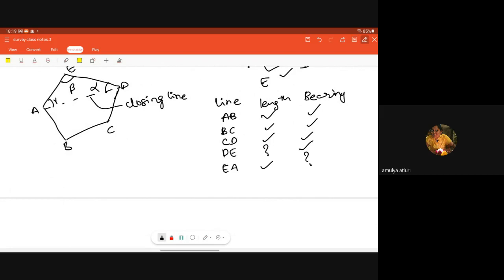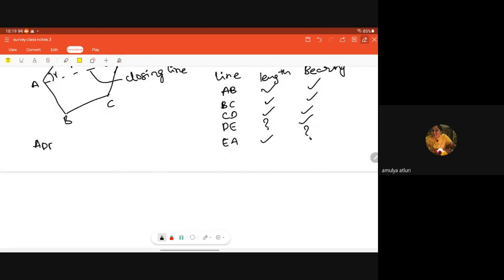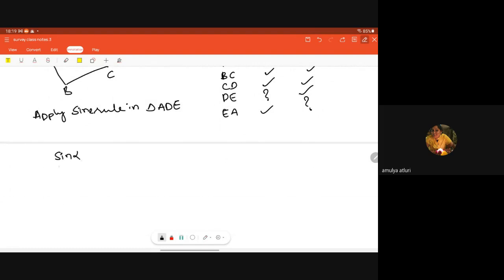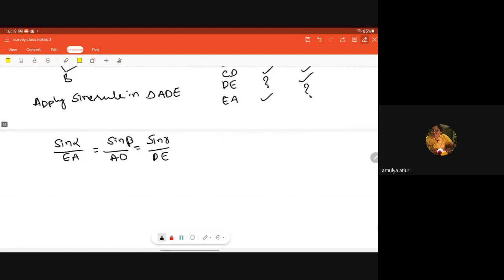So generally what we do is, we just apply the sine rule in triangle ADE. What is sine rule? You know it, right? Sine alpha by EA, here in the triangle ADE, sine beta by AD, angle included, sine gamma by the angle opposite to it, DE. Right? So I want this sine beta value.